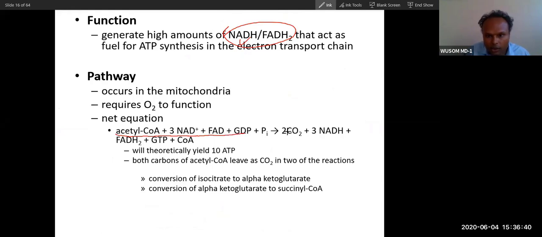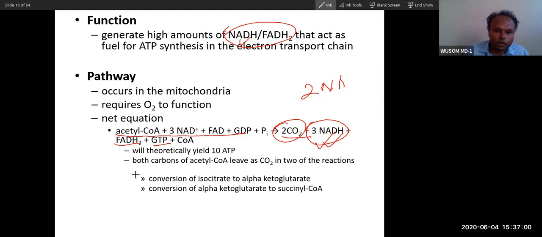I told only 2 NADH, sorry, there are 3 NADH. Forgive me for that. 3 NADH, 1 FADH2, 1 GTP, and 2 CO2. So there will be a total theoretical 10 ATP formation, 10 ATP per acetyl coenzyme A.